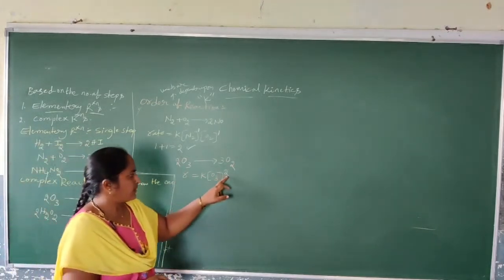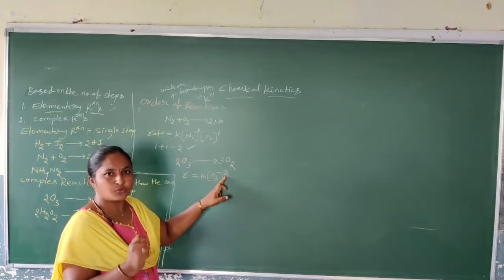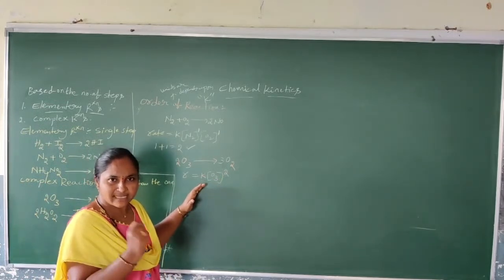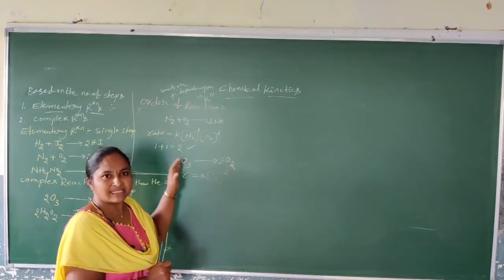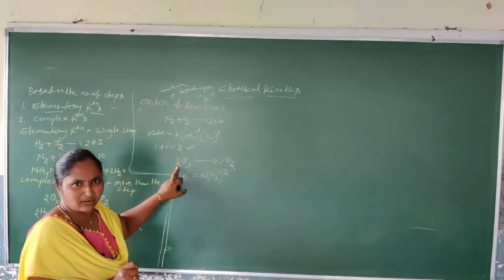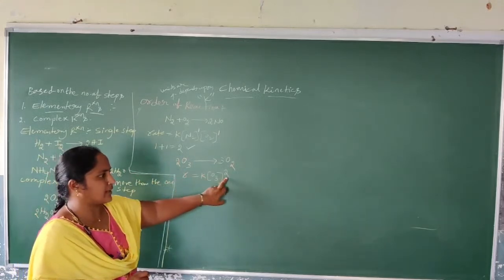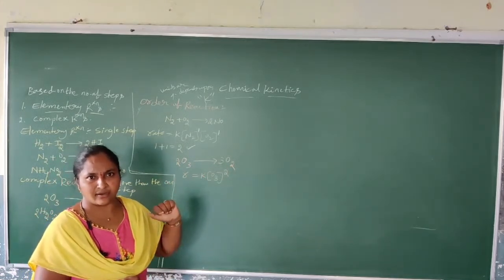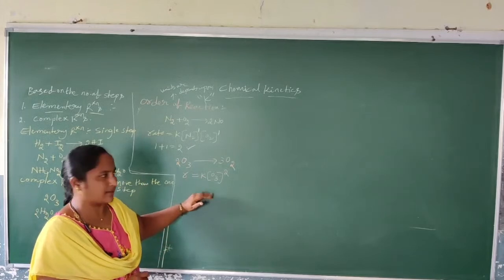The sum of powers of concentration is 2. It is a second order reaction. How can we say it is a second order reaction? By seeing the coefficients in the stoichiometric balanced equation. Is it right or wrong? It is not a second order reaction, because it is a complex reaction.